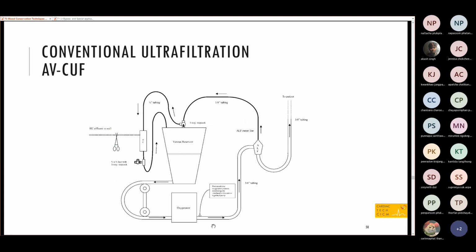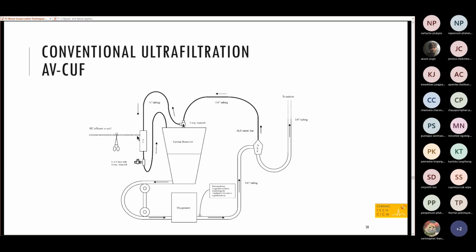Here is another picture. In this picture that you see, they connect the filter from the plug line of the arterial line filter here and go to the filter here, right? And go back to the reservoir.